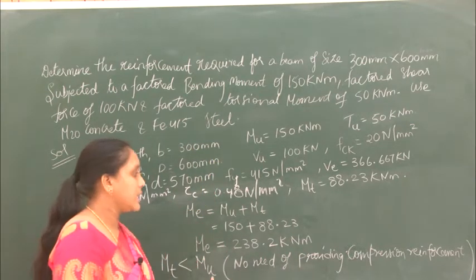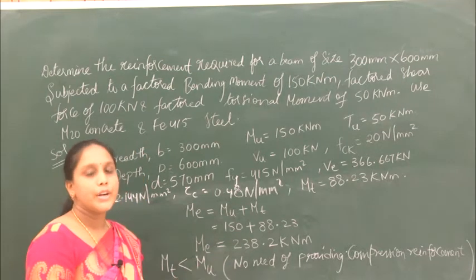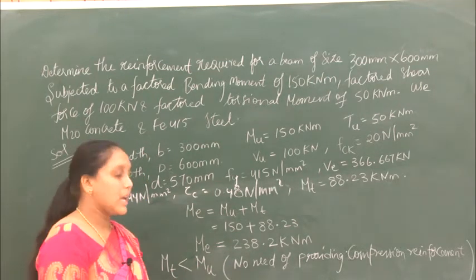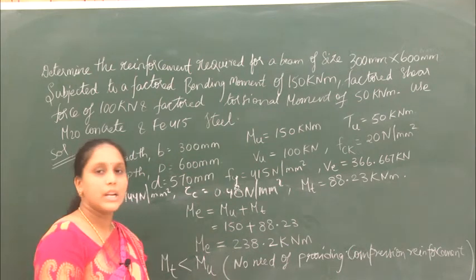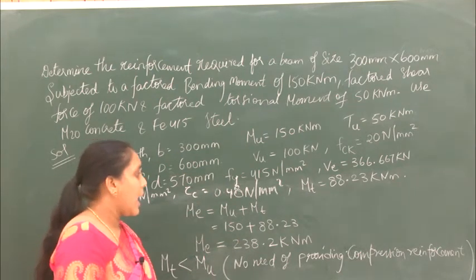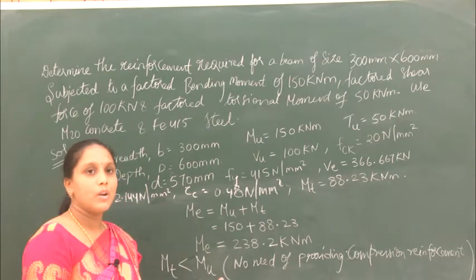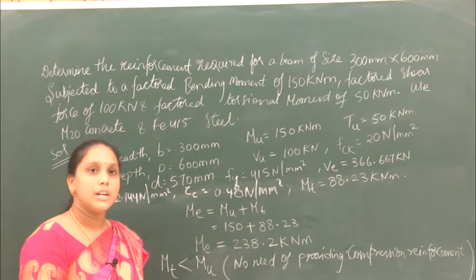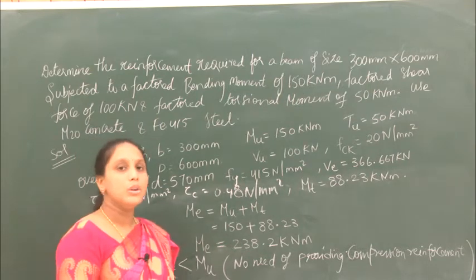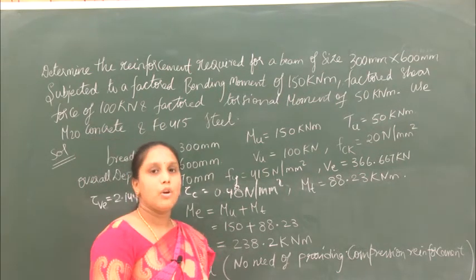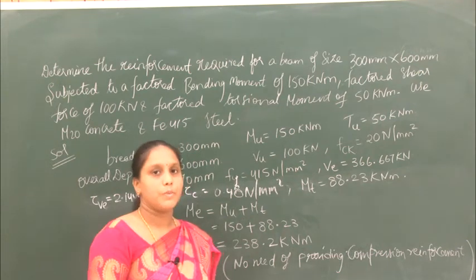So we can design this particular longitudinal reinforcement considering the singly reinforced beam, and the reinforcement we will design only for the provision in the tensile zone. Now what? The next step is to calculate the area of the steel reinforcement.